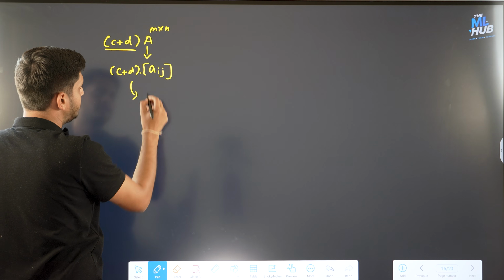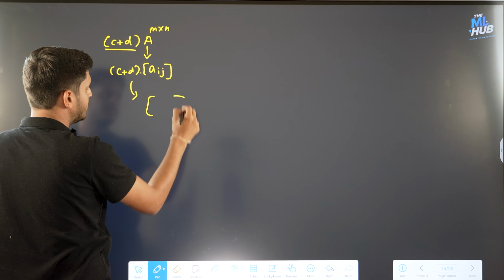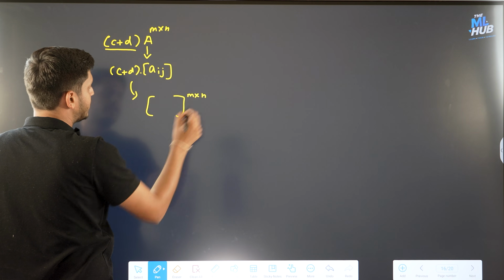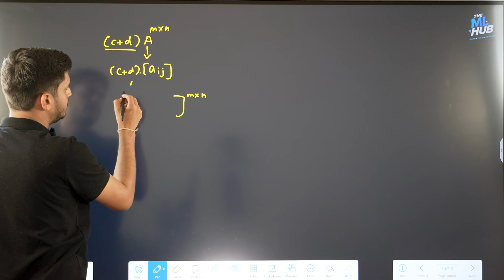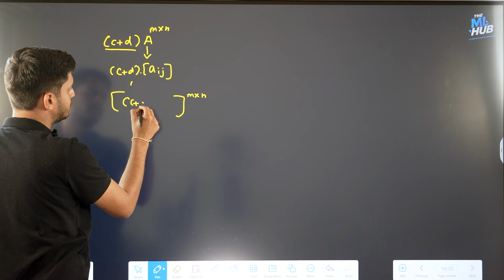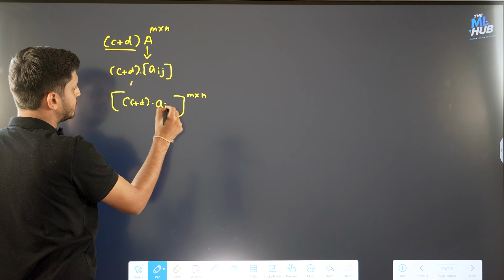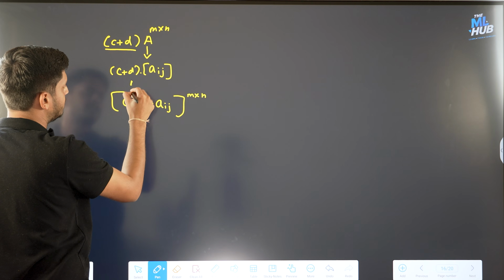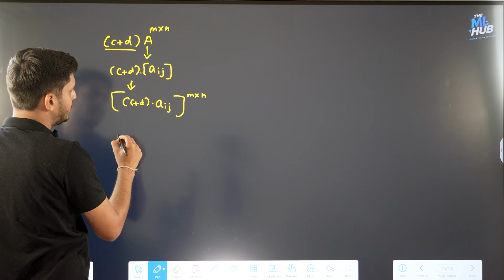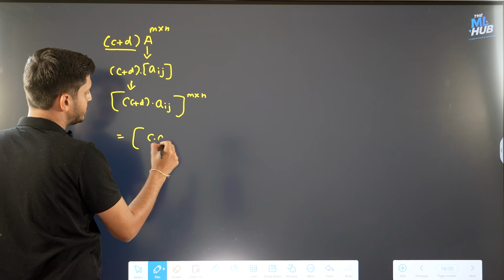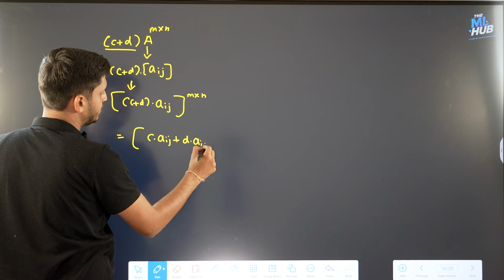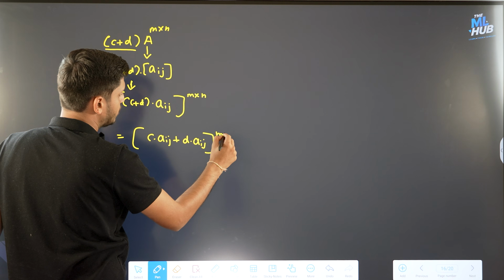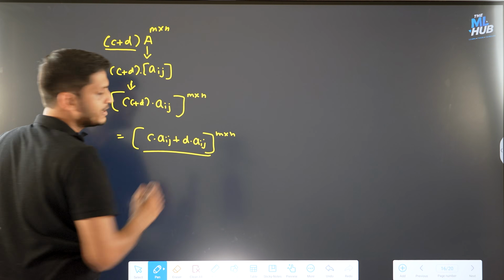Okay, so this will be another m cross n matrix whose ijth element will be (c plus d) times aij. Okay, this is the ijth element, which is nothing but c times aij plus d times aij. It is an m cross n matrix whose ijth element will be this.